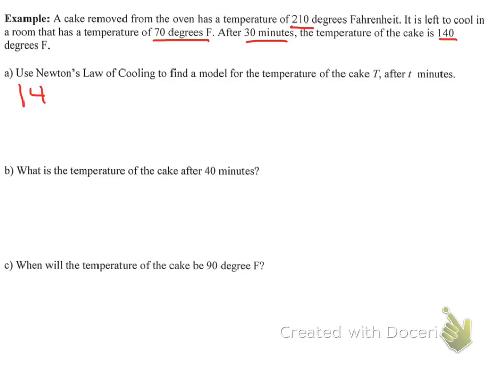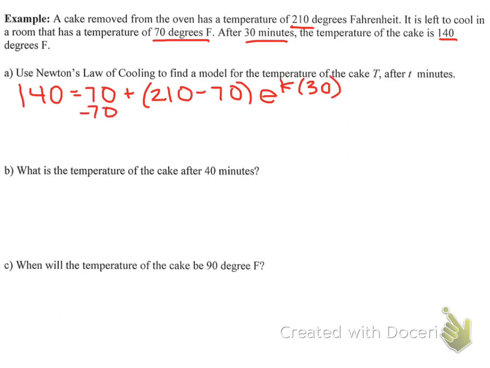So I have 140 equals 70 plus the quantity 210 minus 70 times e to the k times 30. We're going to start by subtracting the 70 over. So I get 70 equals 210 minus 70, which is 140, times e to the 30k.